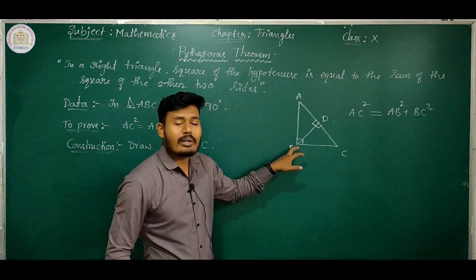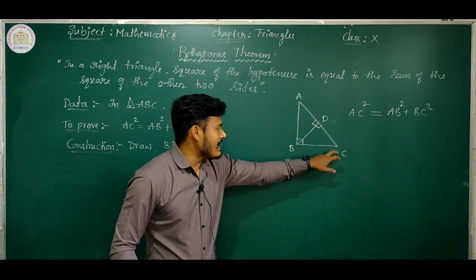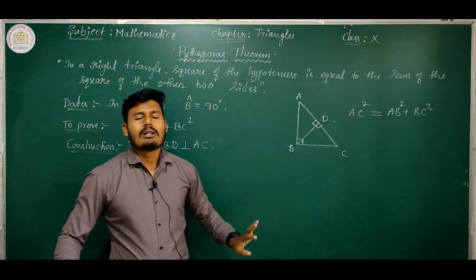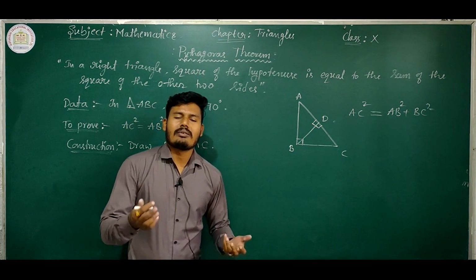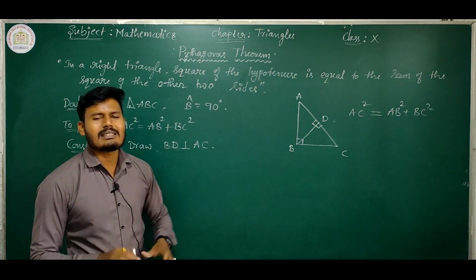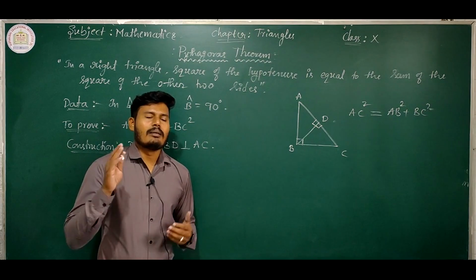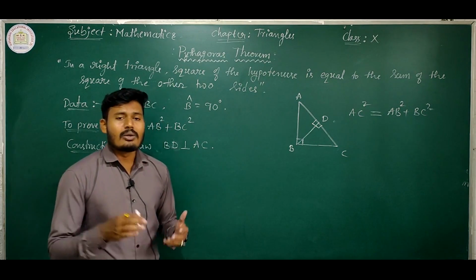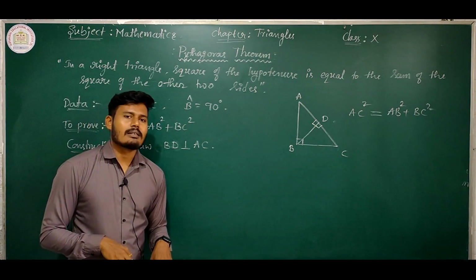Then you compare BDC and ABC. Then add those two equations, and you will get the proof of this theorem. That is a simple trick, or simple hint, to remember how to prove this particular theorem, right?